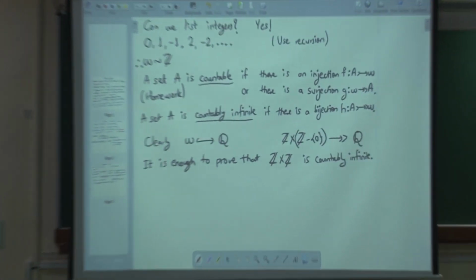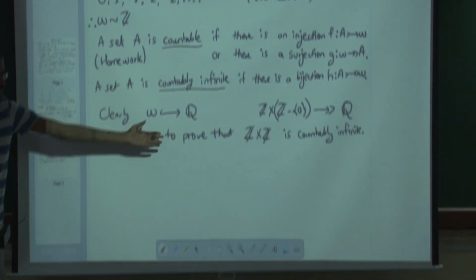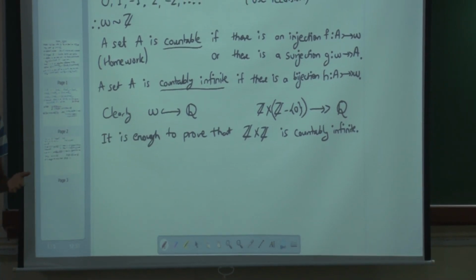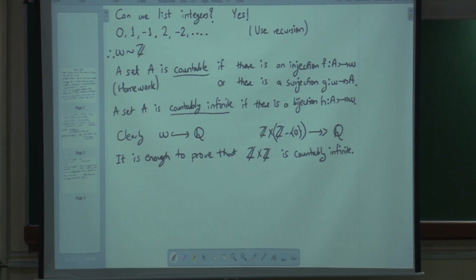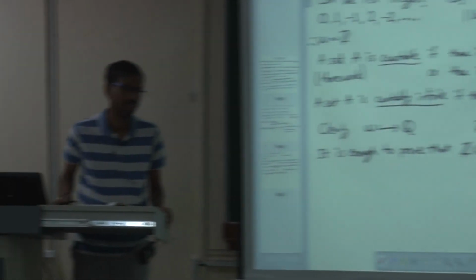Okay, so actually instead of proving this particular thing that Z cross Z is countably infinite, we will prove that the product of two countable sets is countable.